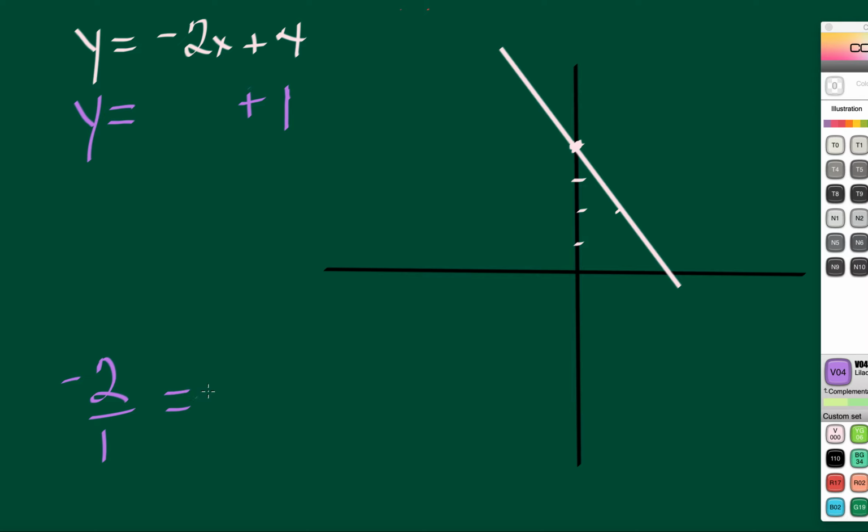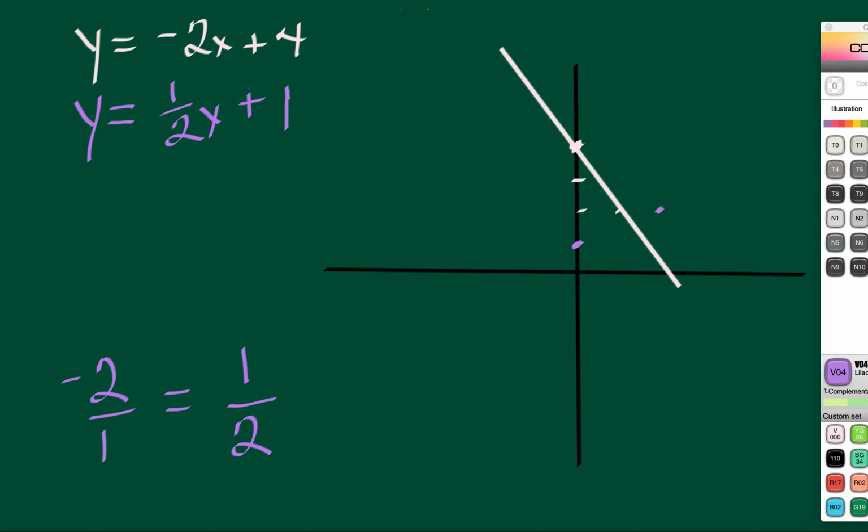Its reciprocal would be 1/2. And it wouldn't be negative anymore because we're taking the opposite of it. So this would be 1/2 x plus 1. So we still cross the y-axis at +1 because that's still our y-intercept. So let's look at this slope. For every 1 that we go up, we go over 2.